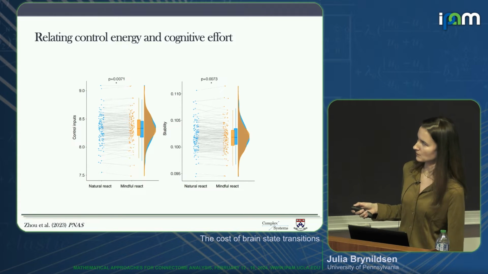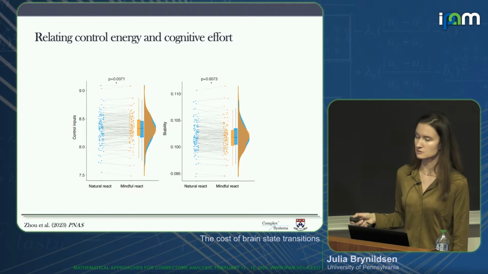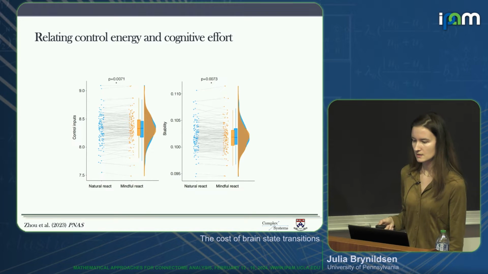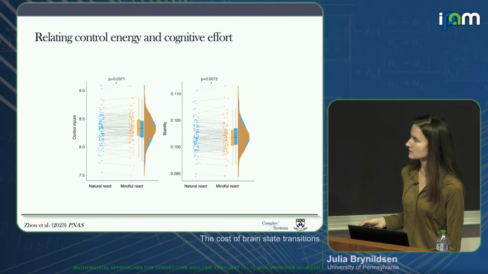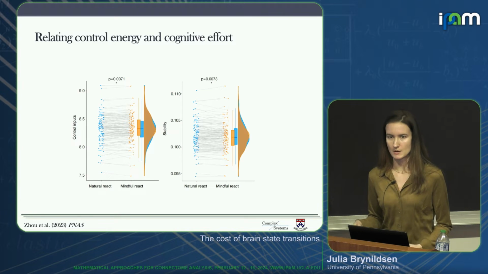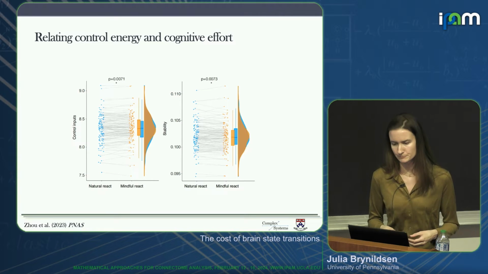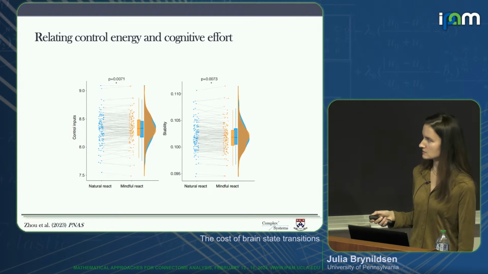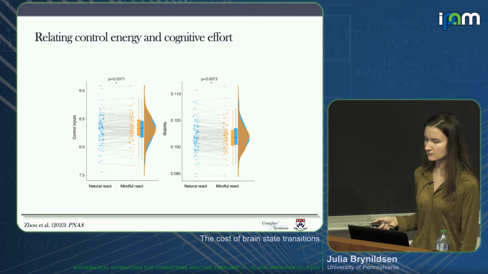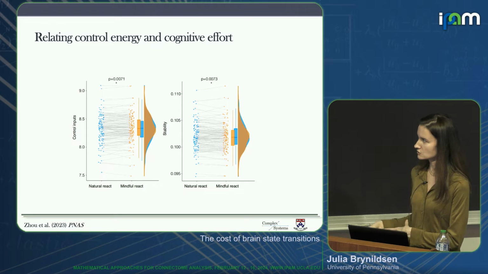So here control input was given to regions of the dorsal attention, ventral attention, and frontoparietal networks, which are associated with cognitive control. And then the brain states in this study are beta weights from a general linear model of the fMRI data. So they reflect task-associated activity. And so what you can see is that the mindful attention state required more control input into these cognitive control regions to reach.